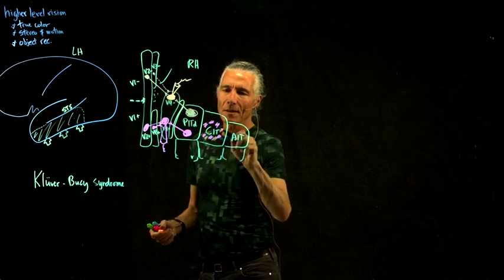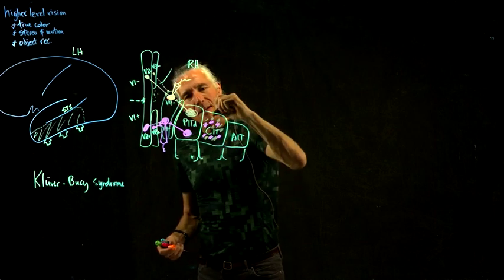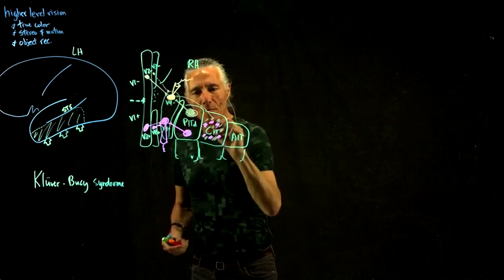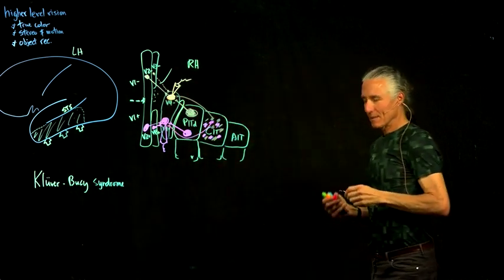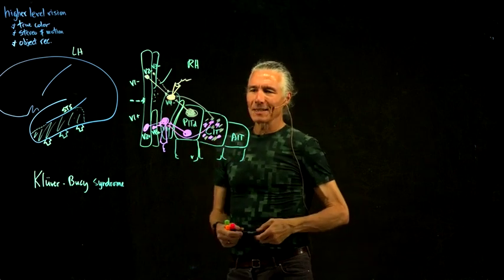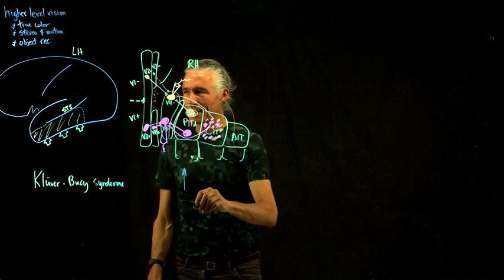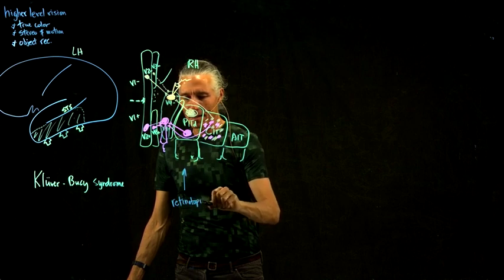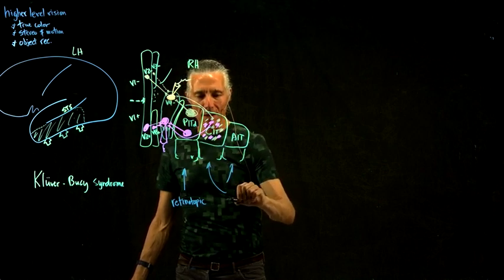This little patch will go up here, but right next to it there'll be a little patch that's going to here. I should have drawn that a little bit bigger. But the bottom line is that this one is still retinotopic, but these areas up here appear to be non-retinotopic.